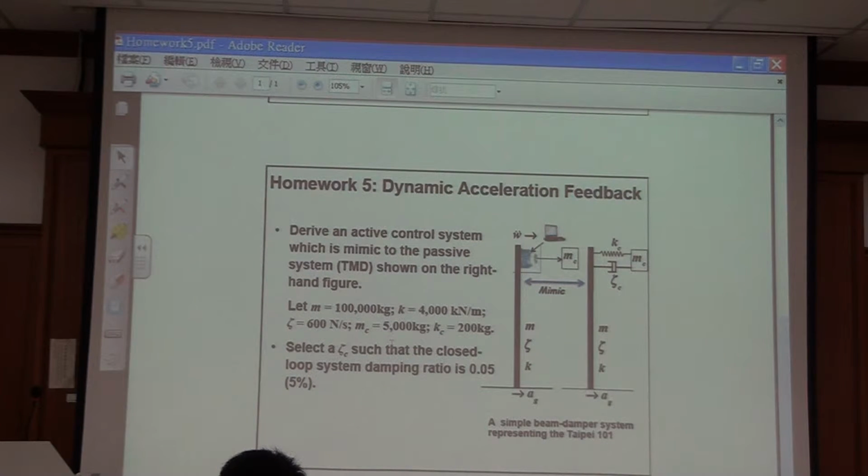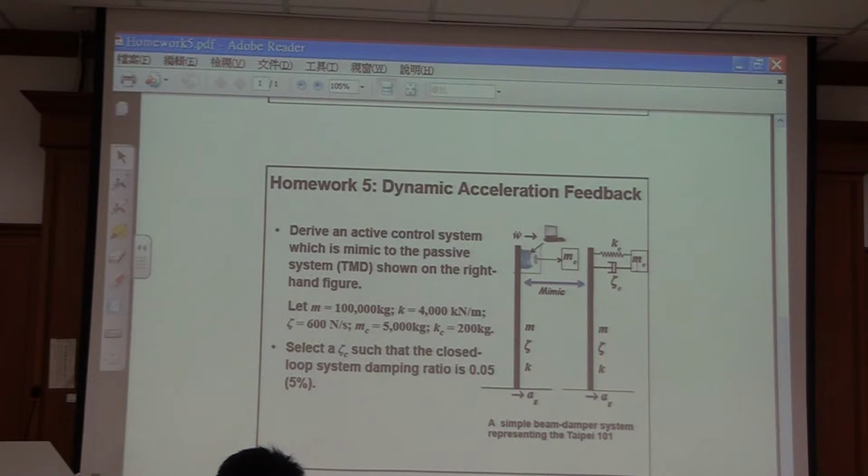So for this problem, what you need to do is try this zeta n is MC2 MC. Okay. Zeta C. That's a good question.